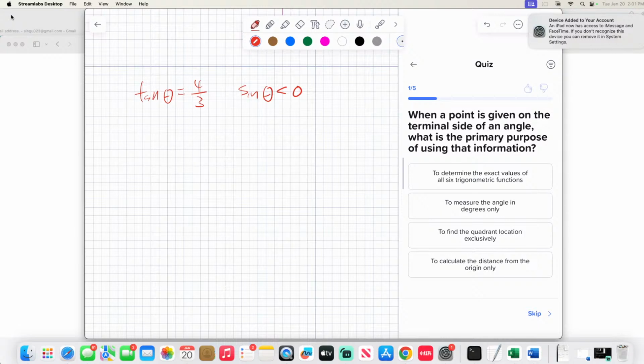Now, it has to fulfill both conditions at once. It has to fulfill sine theta and tangent theta. Which quadrant would this belong to?